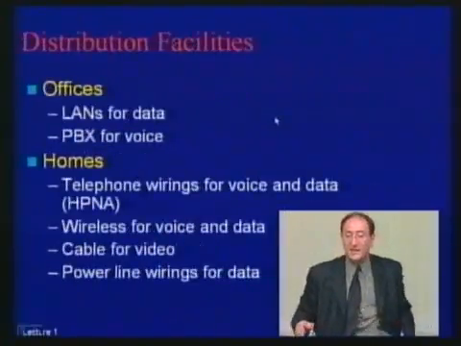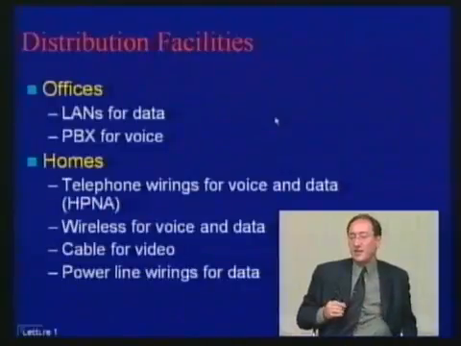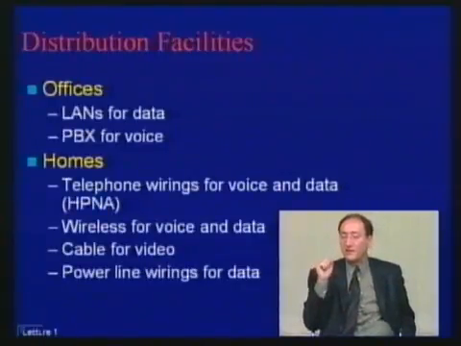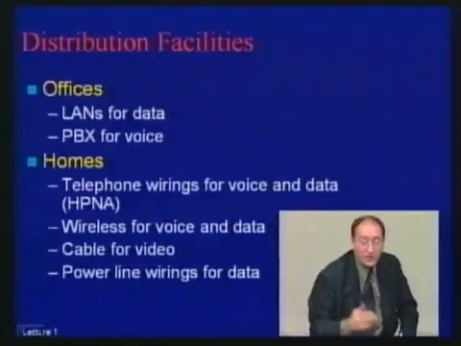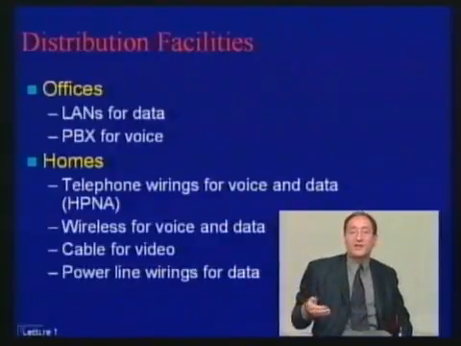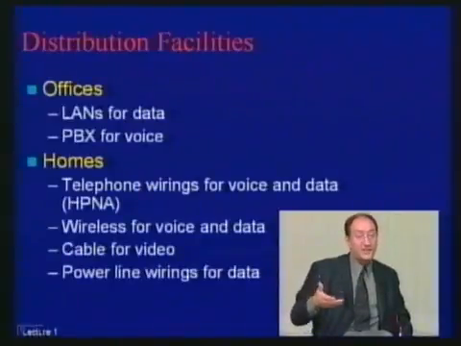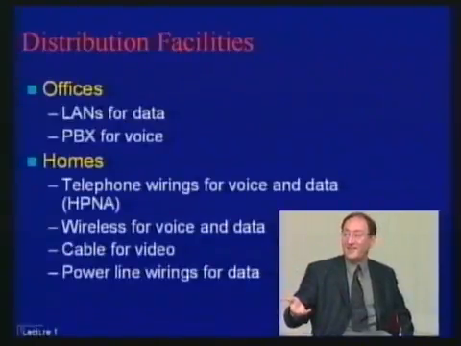That was the access. The last sector of the industry is what? Distribution. Distribution industry, one is for offices again, one is for homes. Again, distribution industry for the office and home are different because offices, people have a lot of money. Huh?